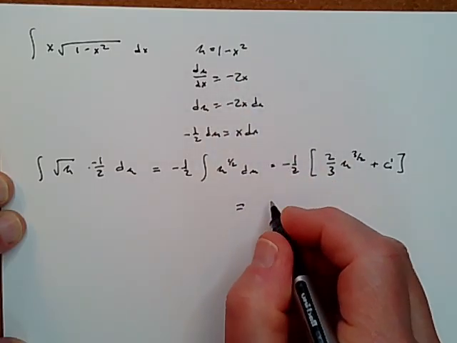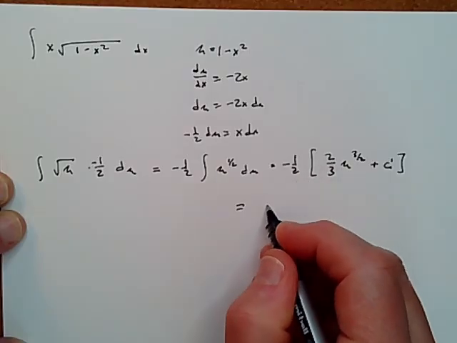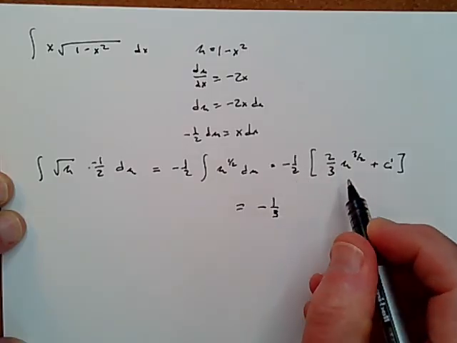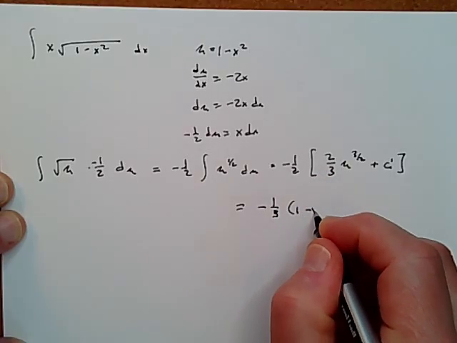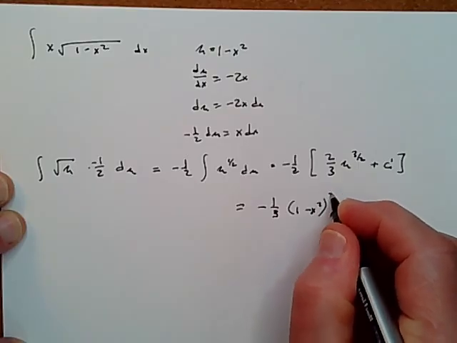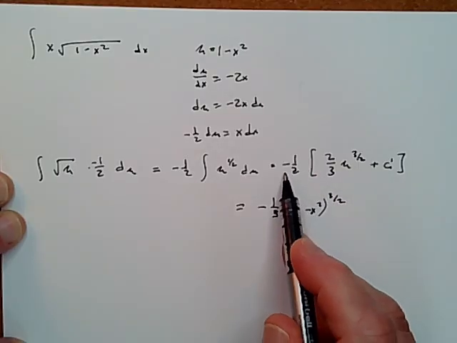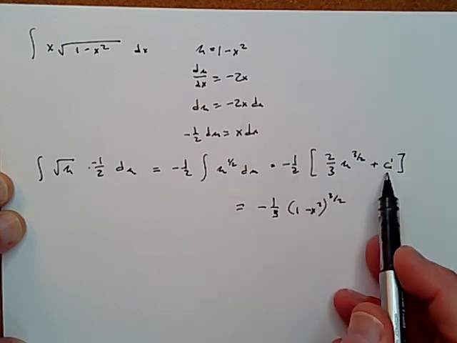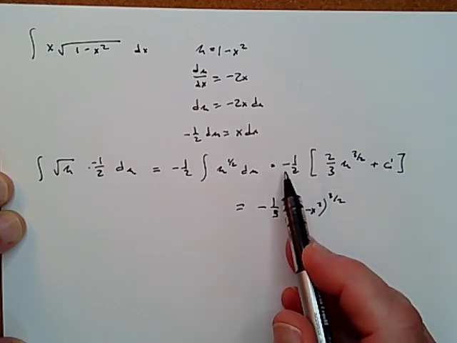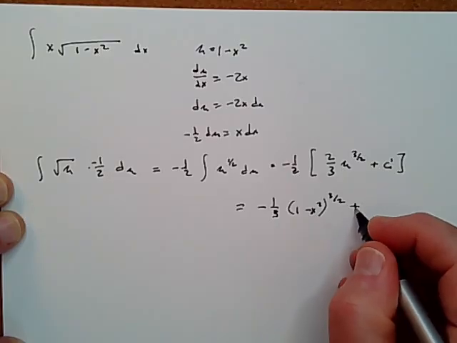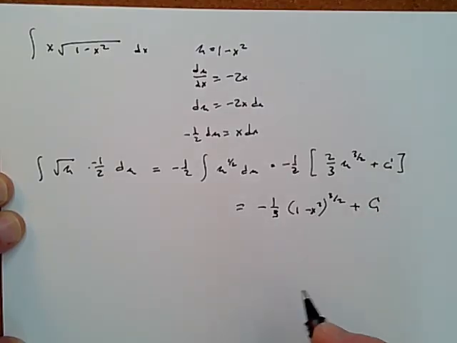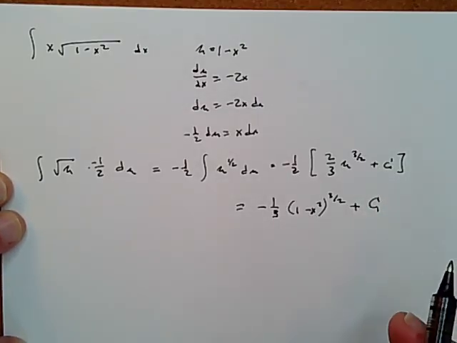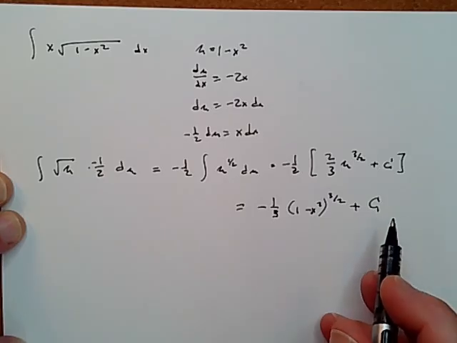So I get minus 1/2 times 2/3, the 2's cancel, and I get minus 1/3 times 1 minus x squared, quantity to the 3/2. When you multiply an unknown constant by minus 1/2, you get another unknown constant, so we write that as plus C. I know that's a little bit not right, but that's the convention.